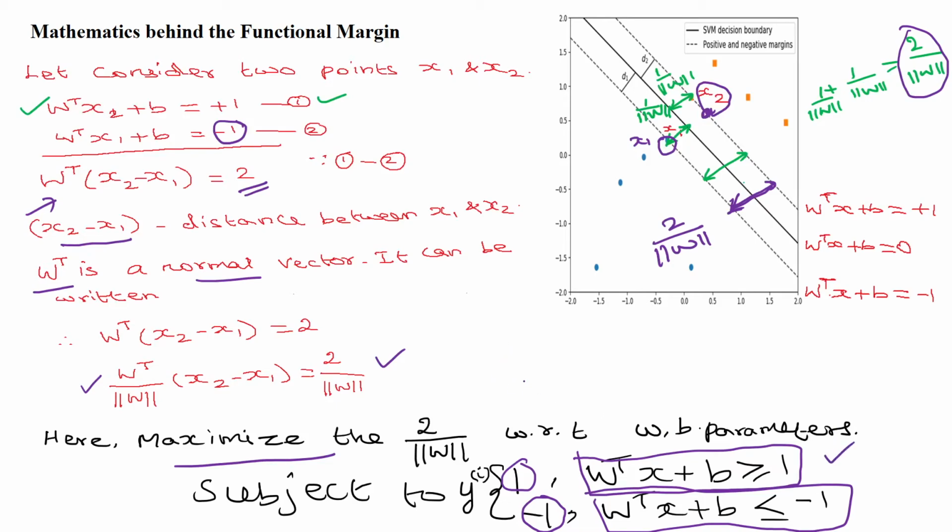The common function, the hypothesis of x equal to w transpose x plus b, is used as the constraint in the support vector machine to optimize the SVM model. So this is the mathematics behind the SVM to maximize the marginal distance between the support vectors.